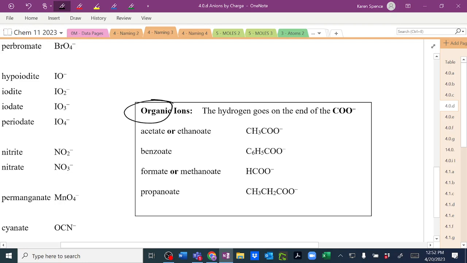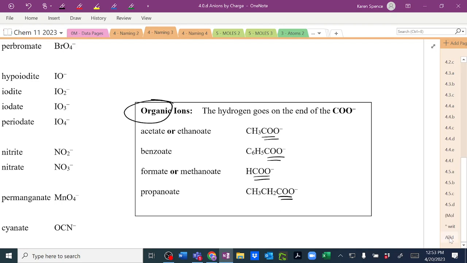So those are the ones that you're going to use when you see a special group, and that group is going to be the COO. So when you're doing acids, sometimes we'll use different ions than are on the pink sheet. The pink sheet's good for everything else, but acids, you might need to use the white sheet, okay? And one of the places you might need to use that for is for your organic ions.